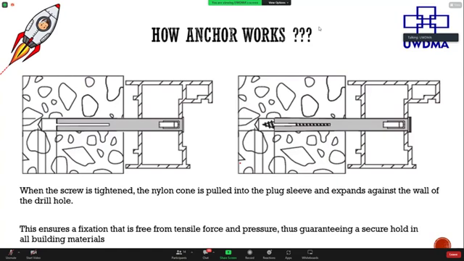So how is this anchor working? The sleeve goes into the wall. As you can see, here is our frame. During the fabrication process only, we make these fastener holes in your frames. Why?